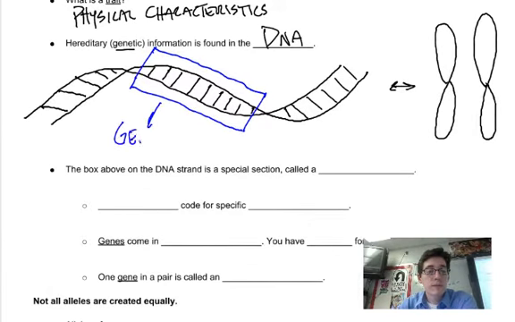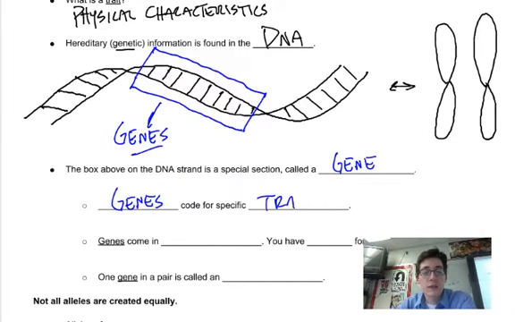Okay, so the box above on the DNA strand is a special section called a gene, and genes code for specific traits. Okay, so if the trait is the physical aspect, the gene codes for the trait. So on the DNA strand, you might have one gene here, you might have another gene that starts a little bit later in the code, like over here.